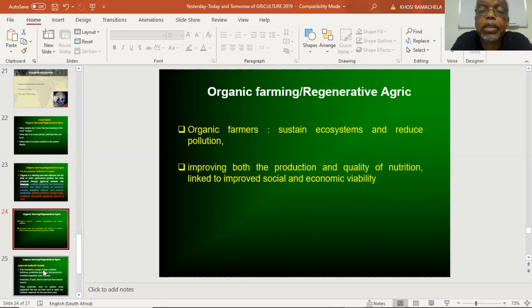They sustain ecosystems, they reduce pollution, be it water pollution, land pollution, air pollution. And we're looking at improving both production and quality of nutrition, which is linked to improved social and economic viability of our communities, especially in the developing countries where these communities are being challenged or put under pressure because of climate change.